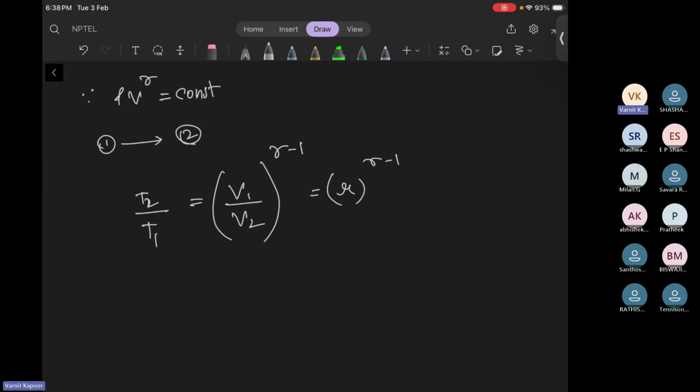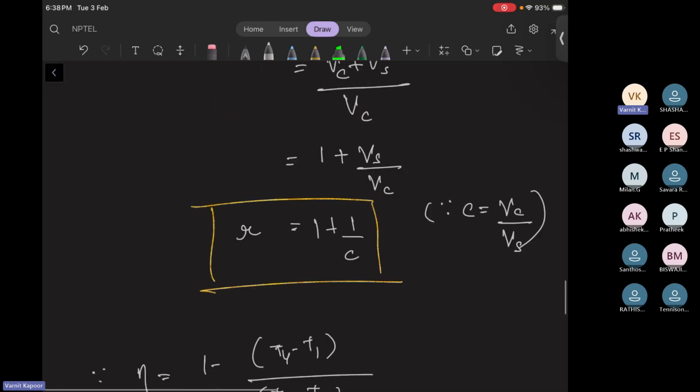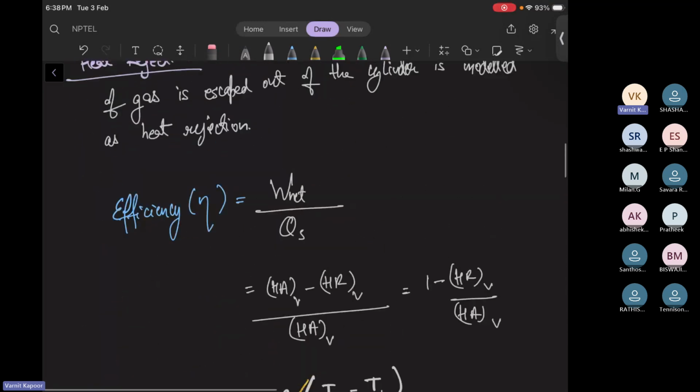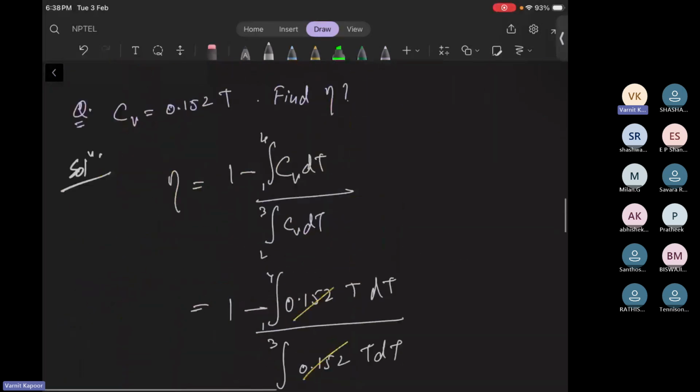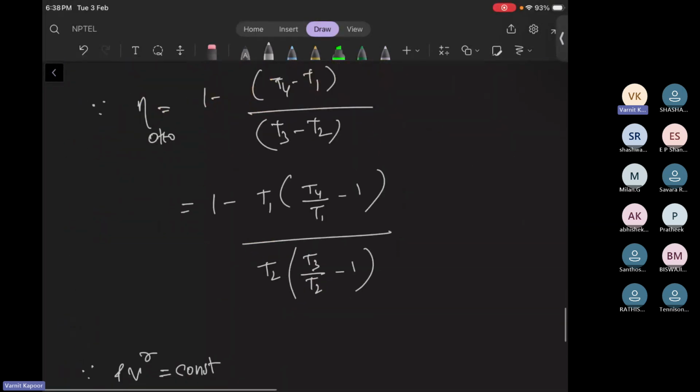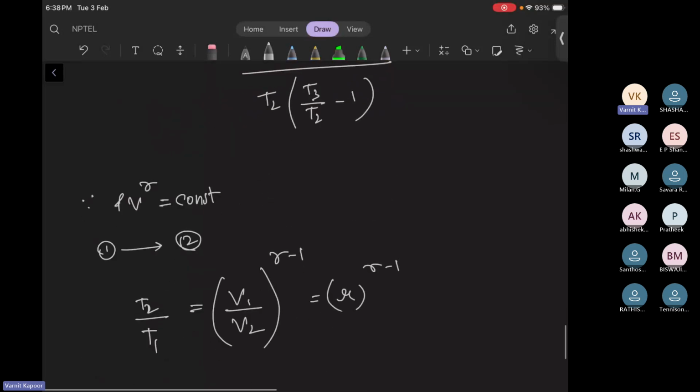Now for the process 3 to 4, 3 to 4 is your isentropic expansion process. Again, the isentropic formula can be used.